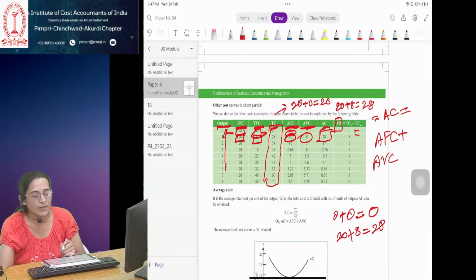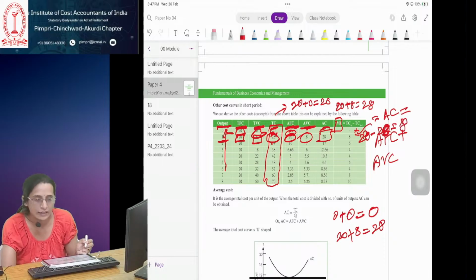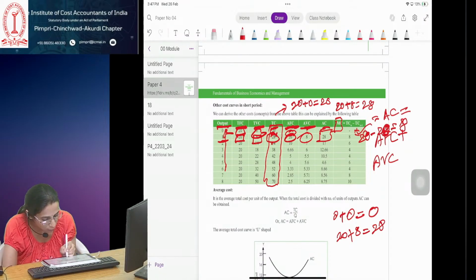At start, when there are 0 units, there will be no marginal cost. See here, when it is 1 unit, total cost is 28. 28 minus 20 is 8, which is the marginal cost. Then see here on the total cost.